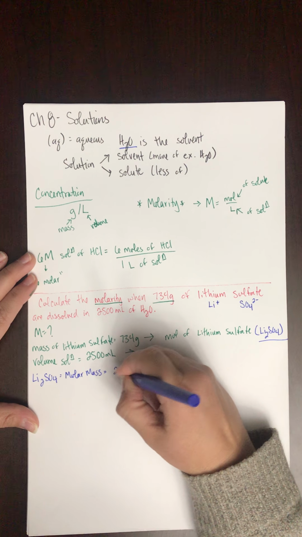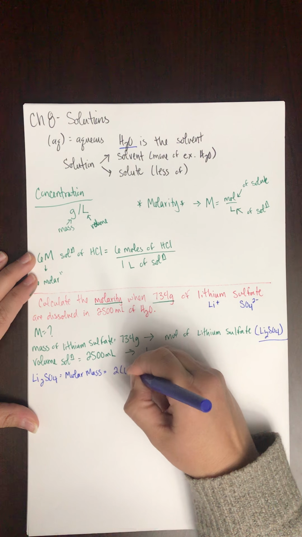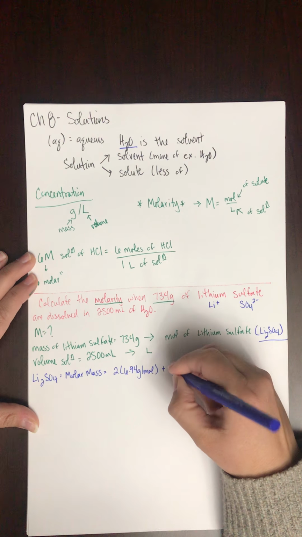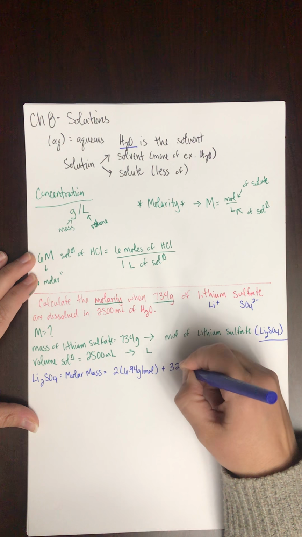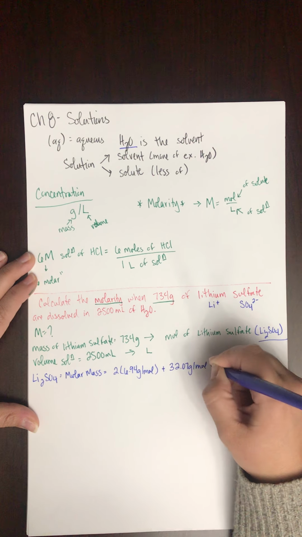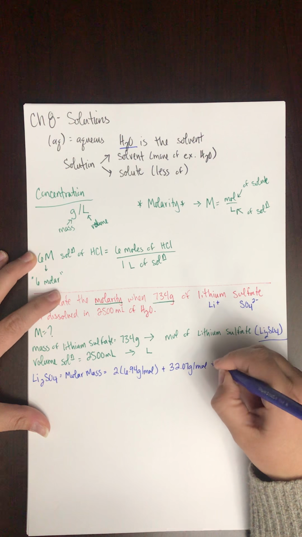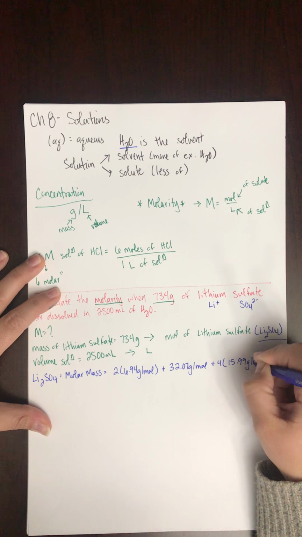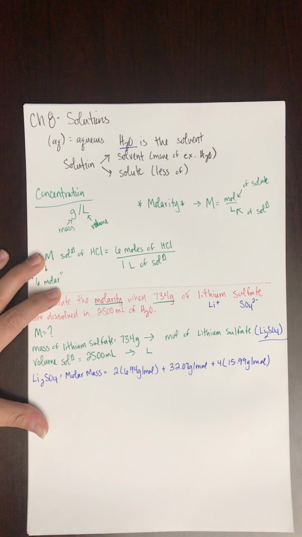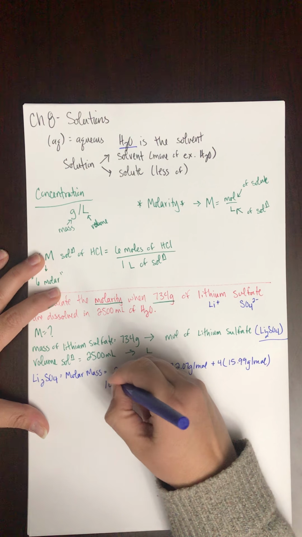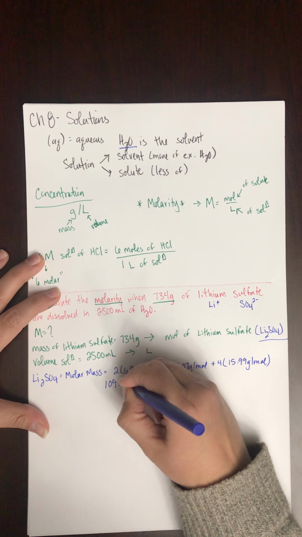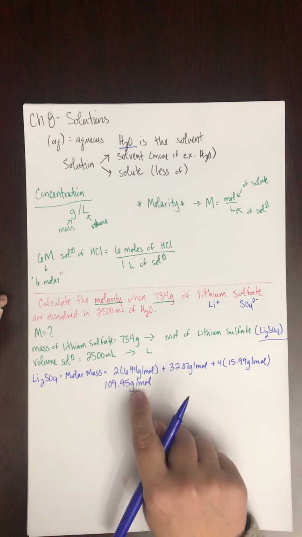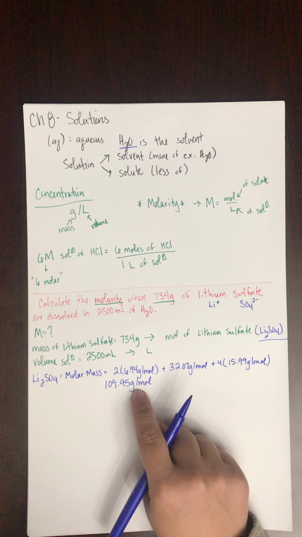I'm going to have 2 times the molar mass of lithium, which is 6.94 grams per mole, plus sulfur, which is 32.07 grams per mole, plus 4 oxygen, 4 times about 15.99 grams per mole. This is going to give you a molar mass of about 109.95 grams per mole.